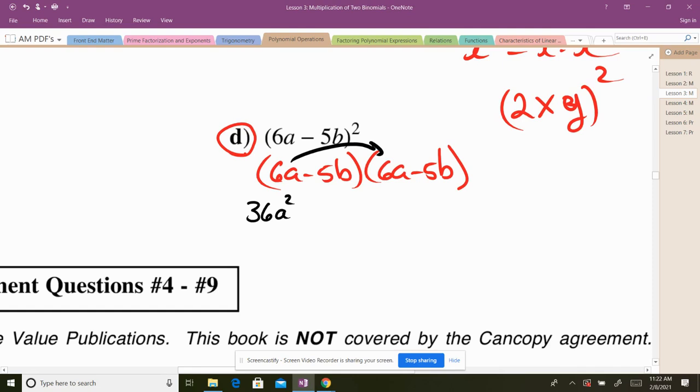Don't forget the squareds. 6a times negative 5b. Negative 30ab. Right? That's what you meant, right?